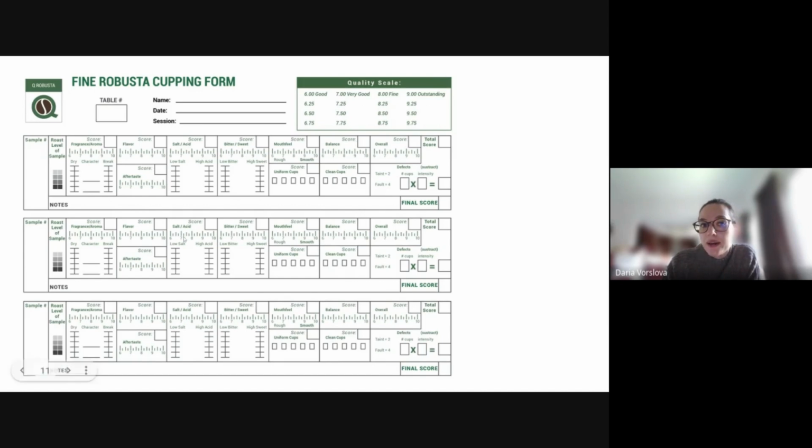That's why Robusta has more bitterness than Arabica, less sweetness, and a different aromatic profile.